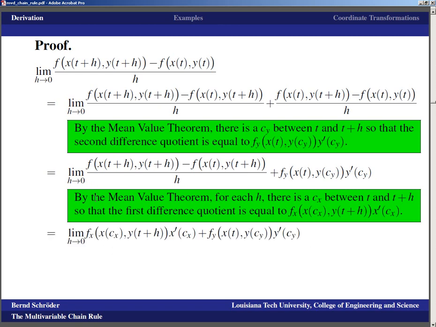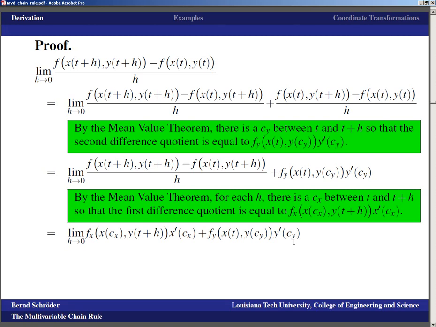And so that means we get the limit of f sub x, the partial derivative of f with respect to x, at x of cx, y of t plus h, times x prime of cx, plus the partial derivative of f with respect to y, x of t, y of cy, times y prime of cy.